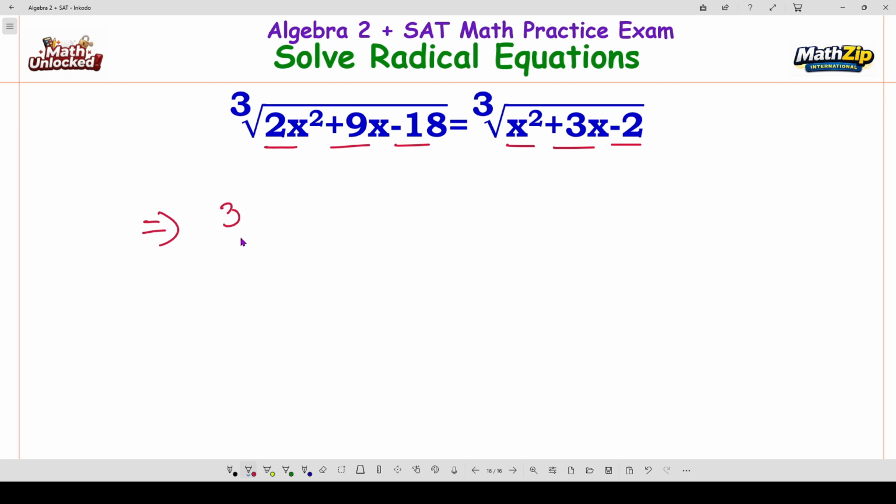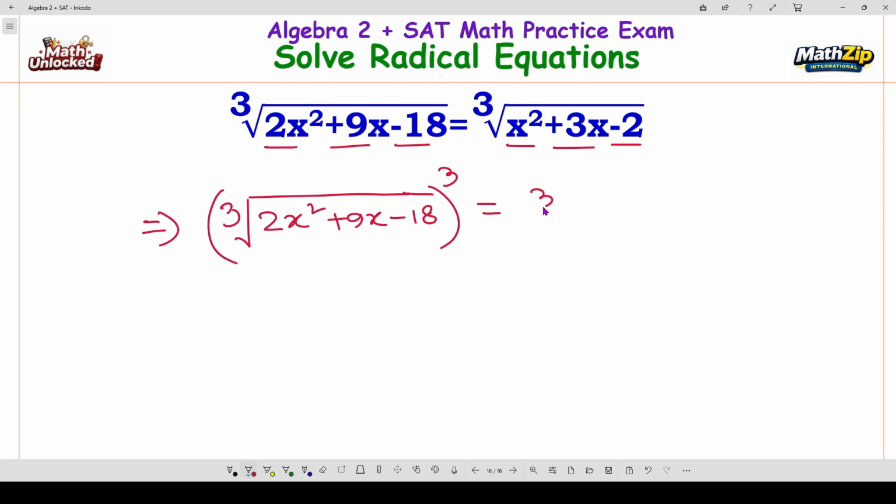So in this case, the cubic root of 2x² + 9x − 18, to the power 3, similarly, x² + 3x − 2 to the power 3.